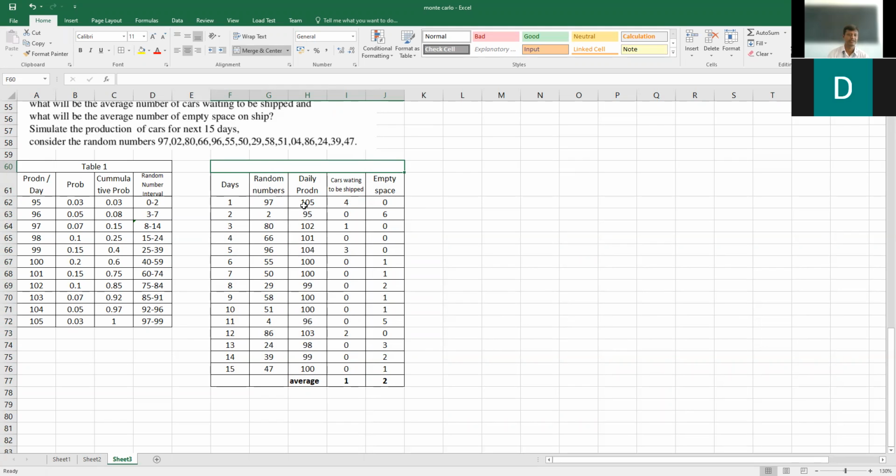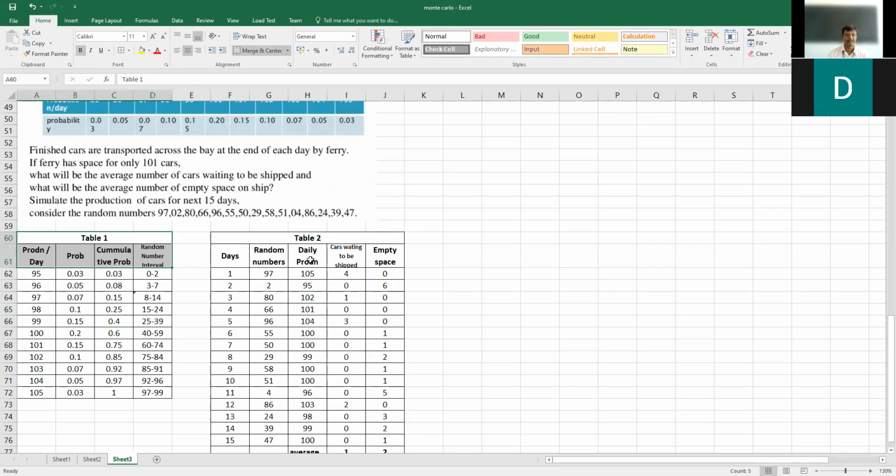That production is given in this column. This column value denotes the simulated value for production for the next 15 days. So this is table number 2. So that's the answer for this particular case.